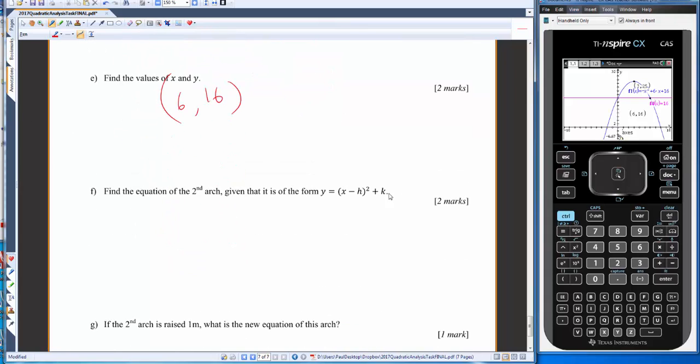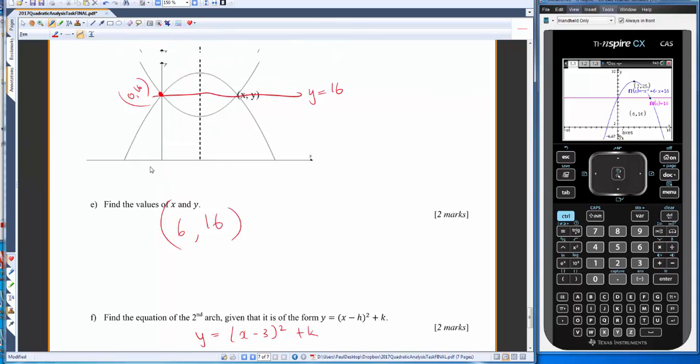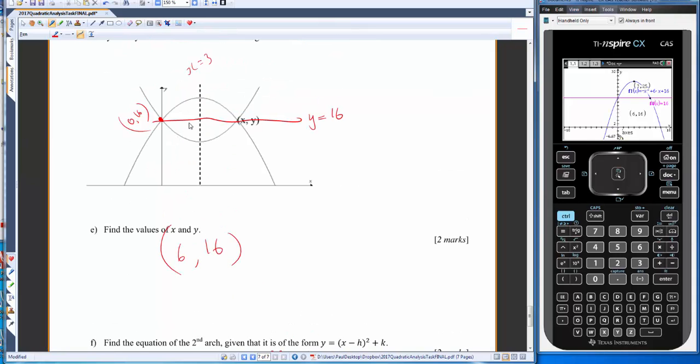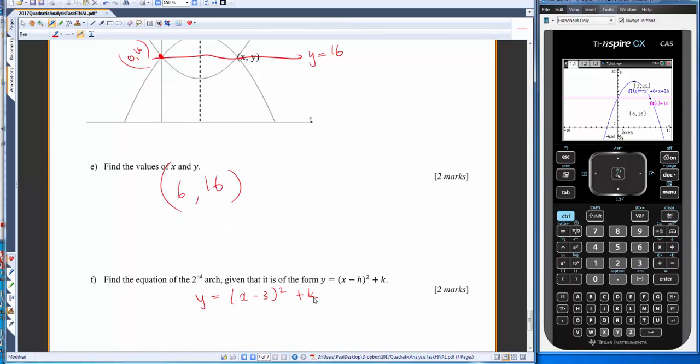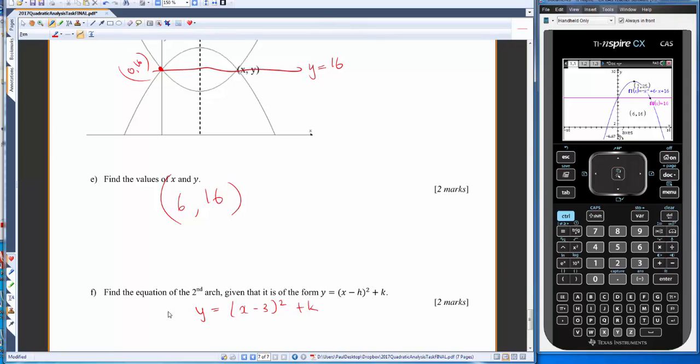But what I don't know is how far it's been elevated, the plus k. Let's fill in what we know. It will be y equals x take 3 squared plus k, so it shifts 3 units to the right. Now what we need to know is k, so we need a value for y and x that is on this parabola.